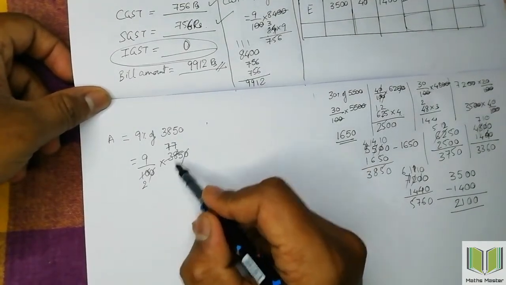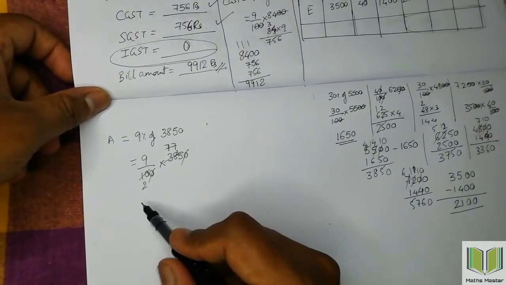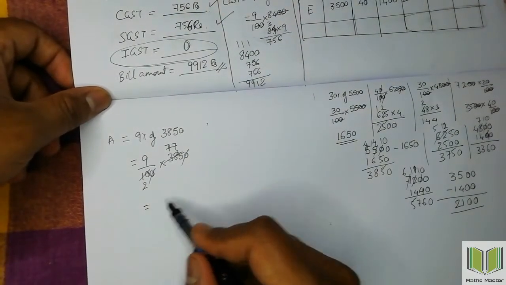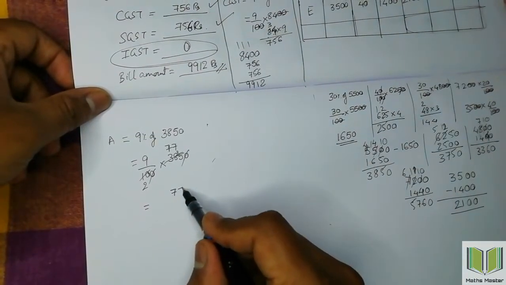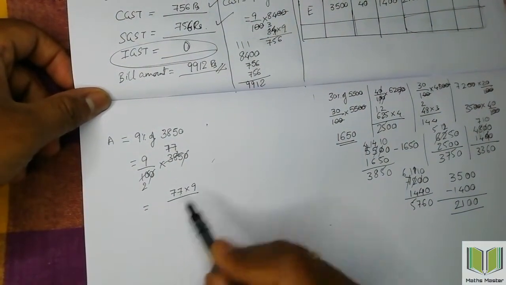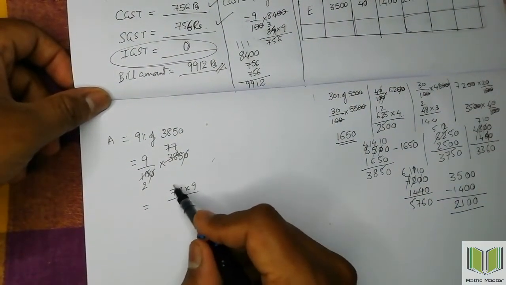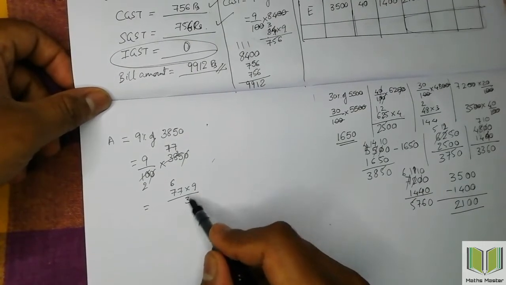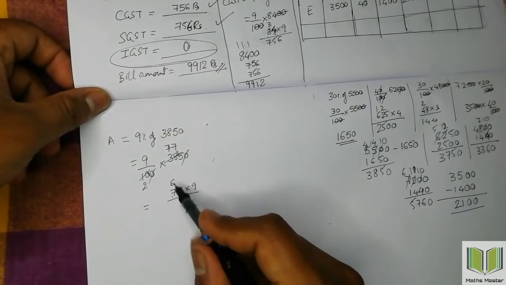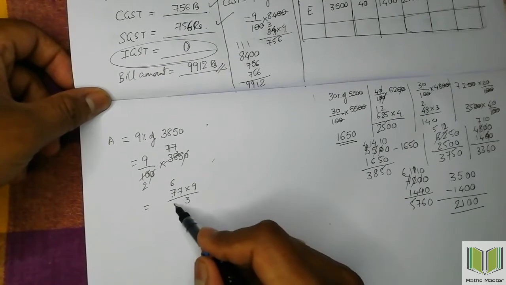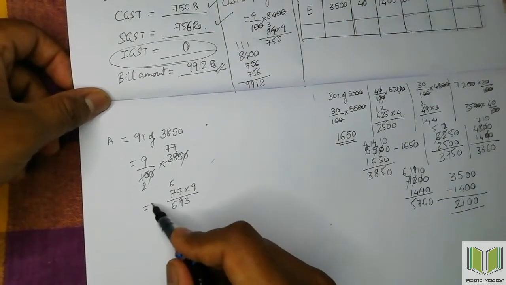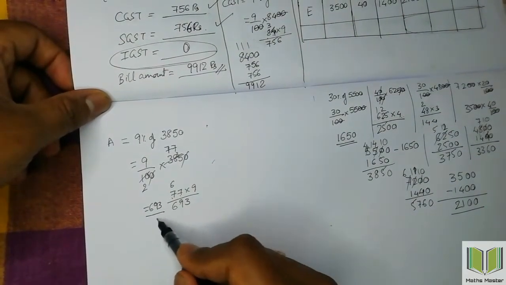Again 7. 77 times 9 divided by 2. 77 times 9 will be equal to 9 times 7 is 63. 9 times 7 is 63 plus 6 will be equal to 69. 693 divided by 2.